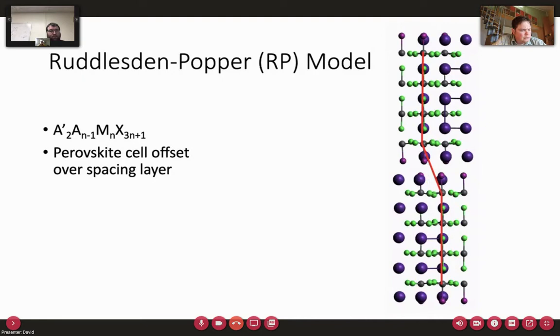So this is a cesium lead chloride perovskite, but there are iodines that are used in the layer between the two perovskites that cause it to be offset.